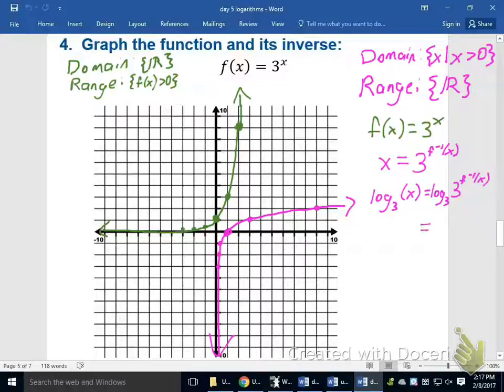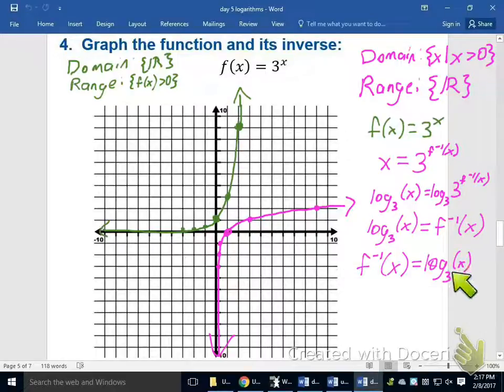On the right-hand side, it would cancel out. You'd be left with f inverse of x equals log base 3 of x. I'd actually flip that around so it's written more normally. f inverse of x equals log base 3 of x. So the logarithm here is the inverse of the original exponential function. This is how you do inverses for exponentials.